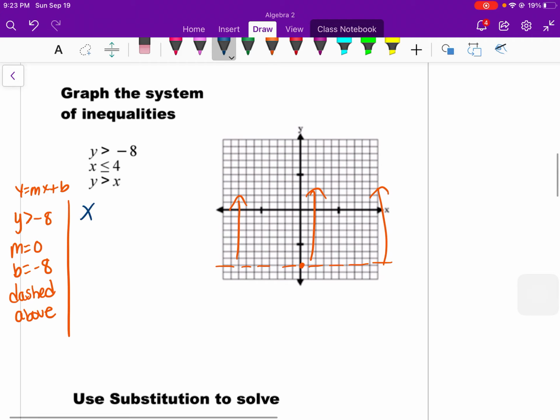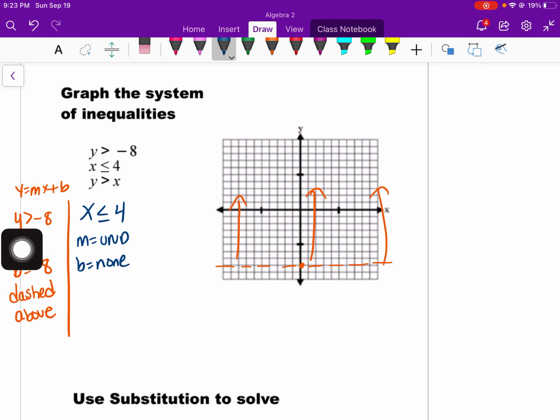The next line is x is less than or equal to 4. So this does not fall into the form y equals. It's actually x equals. So this is a special case. This is where it's a vertical line, where our slope is undefined and there is no y-intercept. So this ends up being parallel to the y-axis.